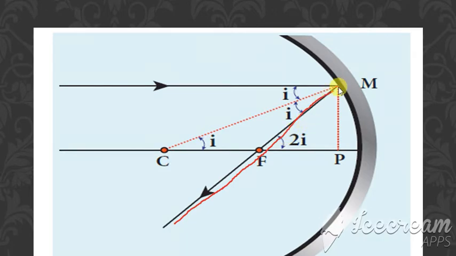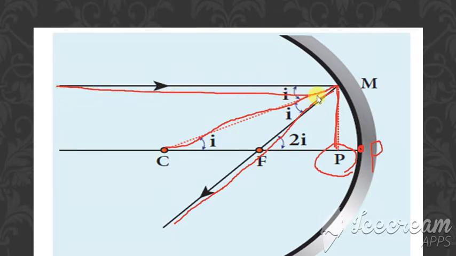Okay. Then, from this point, we are joining to the center of curvature. Same way, from this, if we draw a perpendicular, that point is considered to be the pole. Because this is the center, that center should be the pole. Here, since we are drawing the perpendicular, this is considered to be the pole. Okay, and here this is the incident ray, is it not?